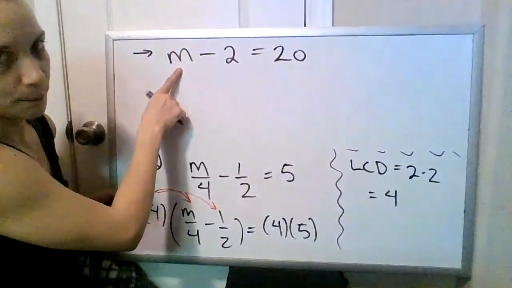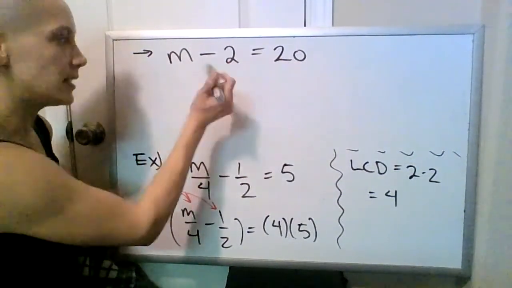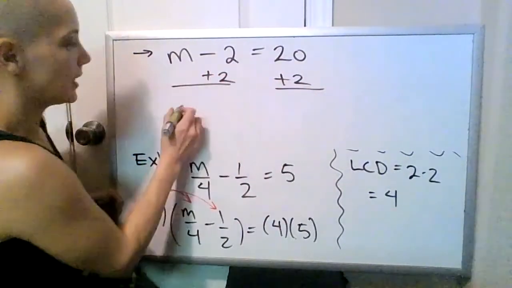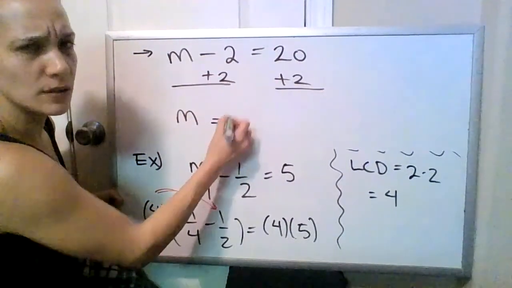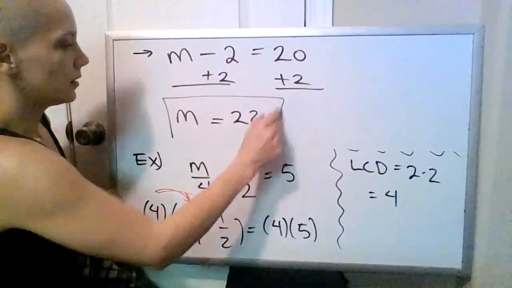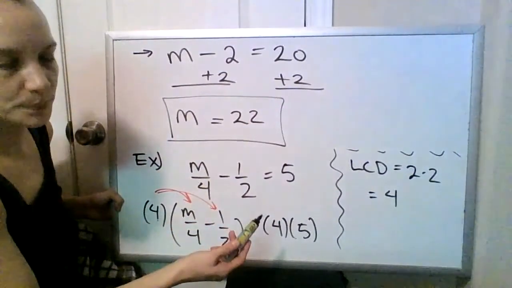You're solving for m. You try to isolate the variable. So add 2 to both sides. And then you have m all by itself. On the other side is 22. That's my solution. Then we have solved for the variable m.